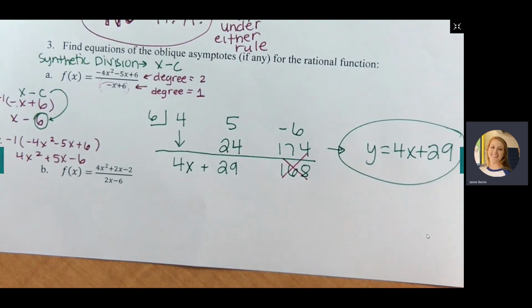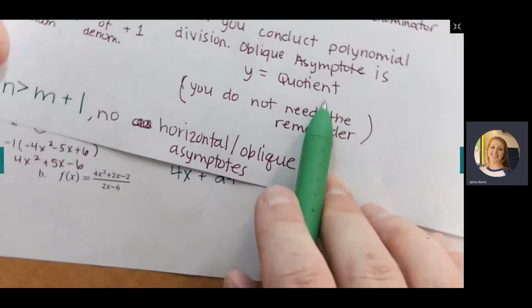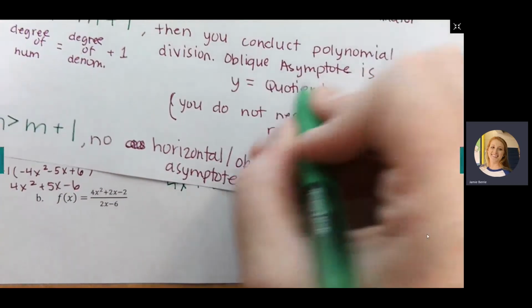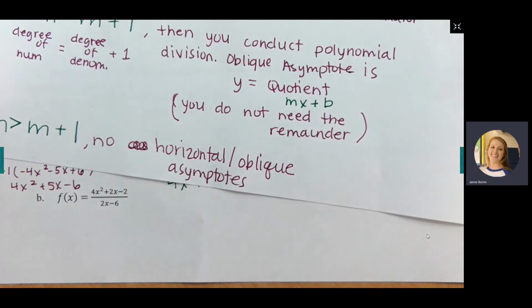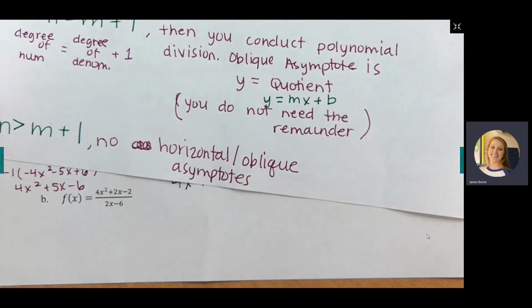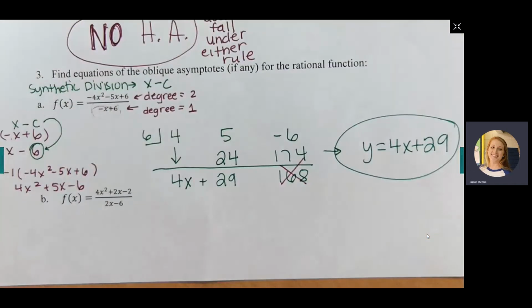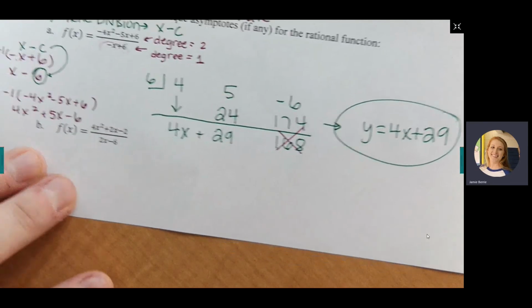All right, so I meant to tell you this earlier on the front of this page, but this quotient should always be of the form mx plus b. So always make sure it's something like mx plus b. It should be that whole slope-intercept form. All right, so there's our oblique asymptote.